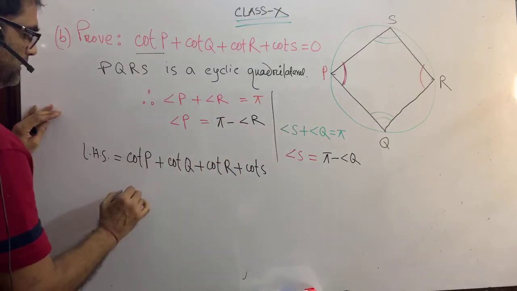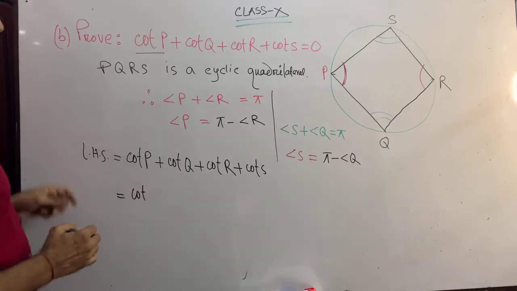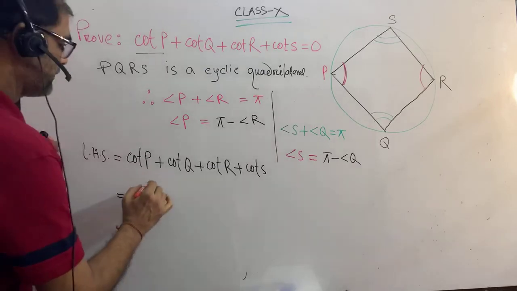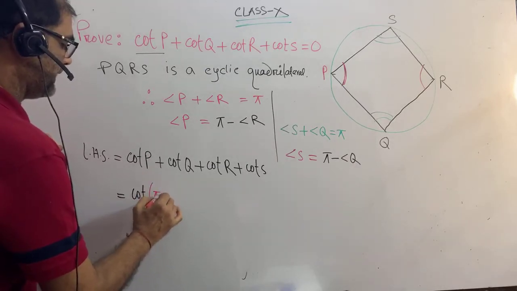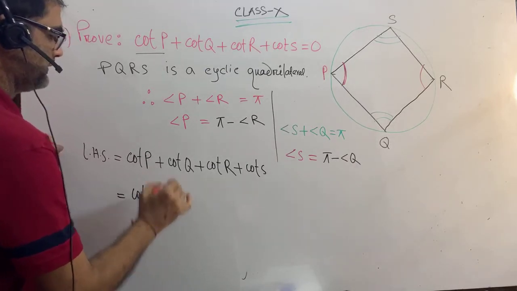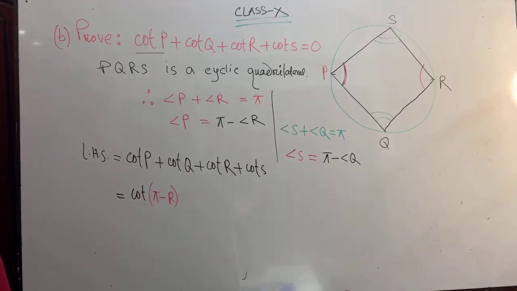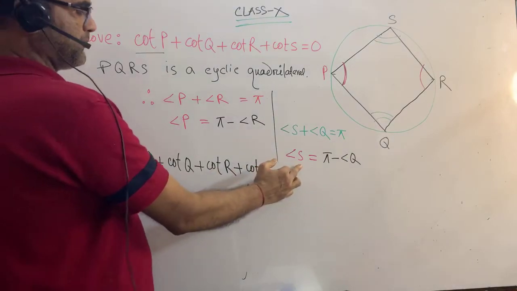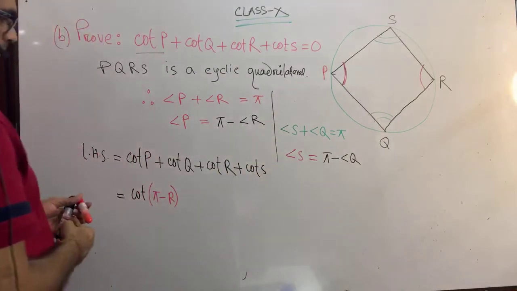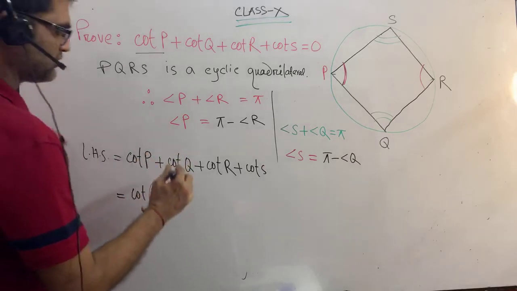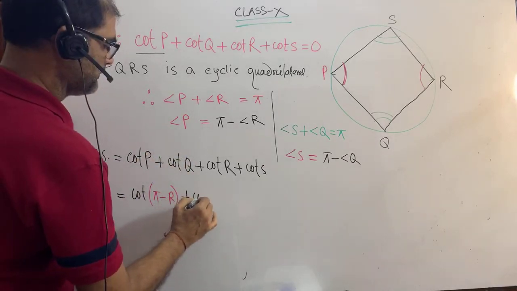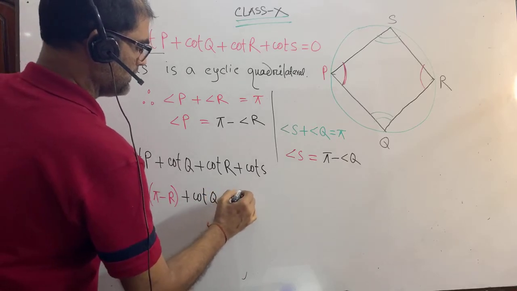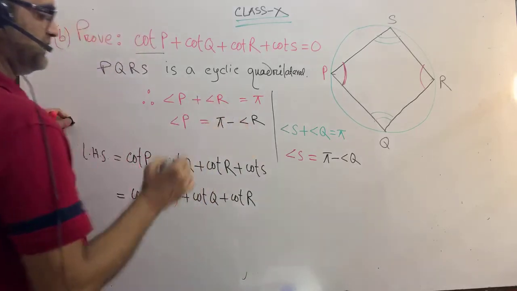Pi minus R. So we can write the value of P as pi minus R, right? So write down pi minus R. Now Q, we don't have Q replaced, so we can keep cot Q as it is, and cot R we can keep as it is.